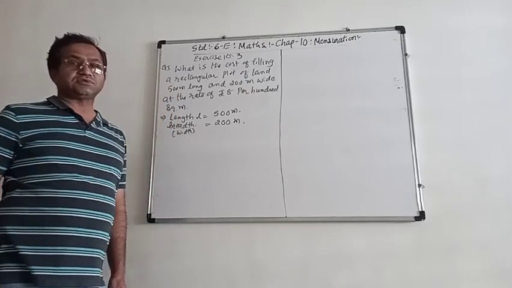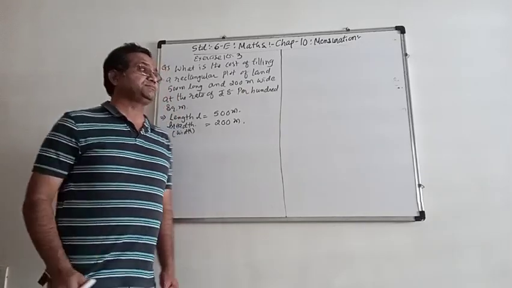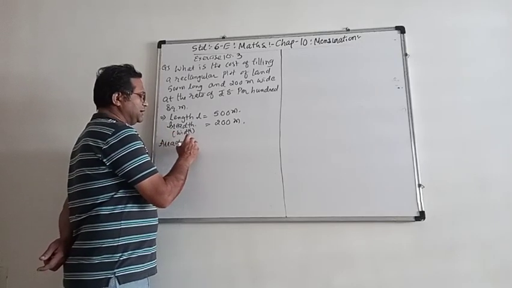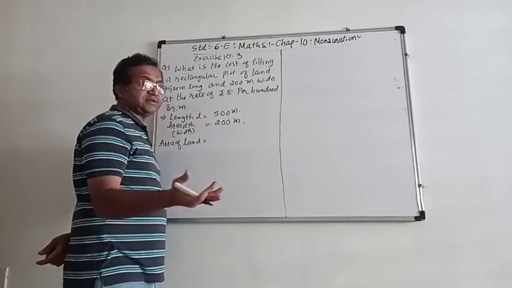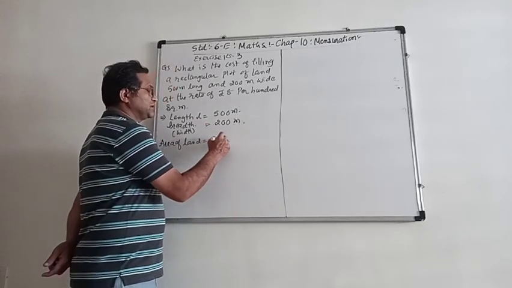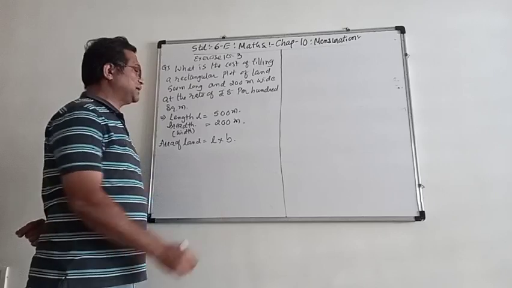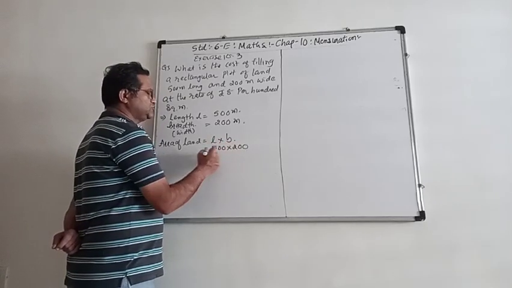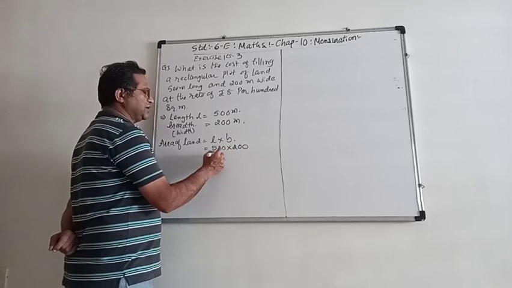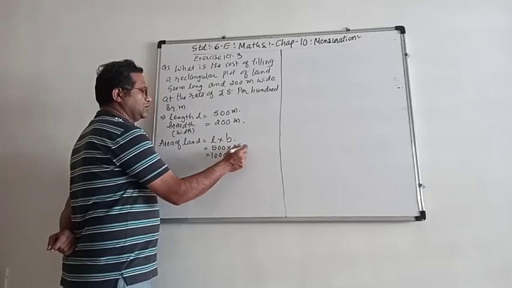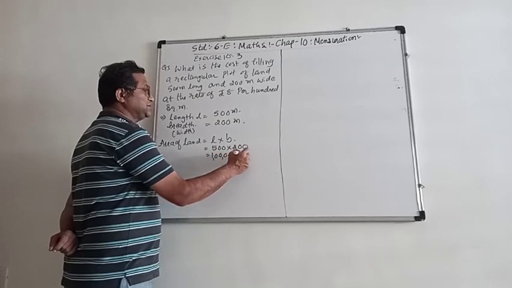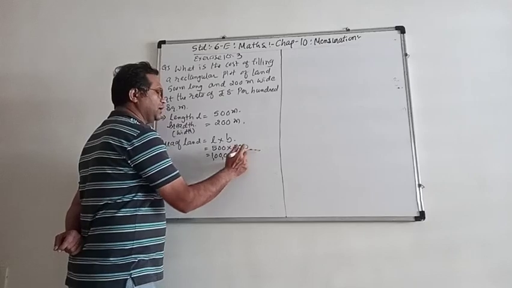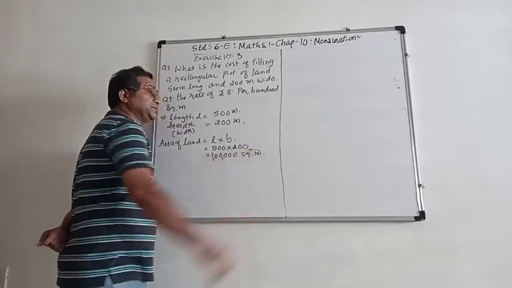So to find the cost, first we have to find the area. So area of land, which is in rectangular form, will be length multiplied by breadth, that is 500 multiplied by 200, so 5 2s are 10, so 1,00,000, 1 lakh square meter.